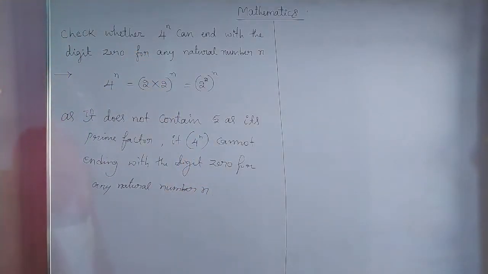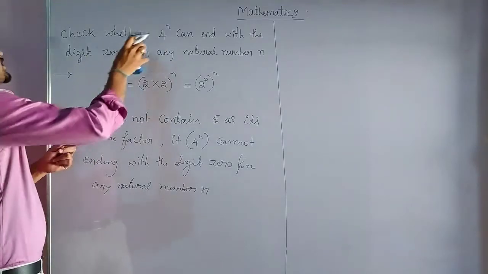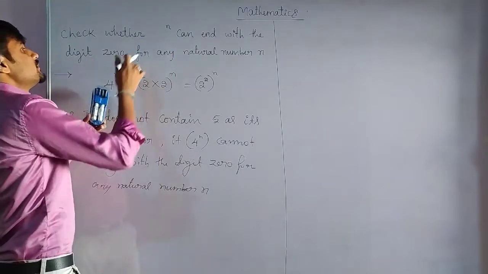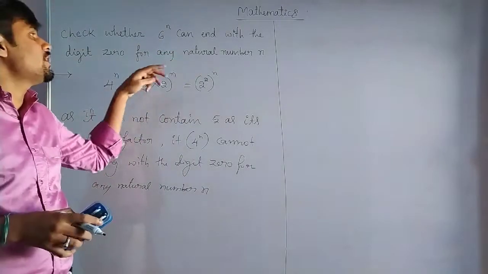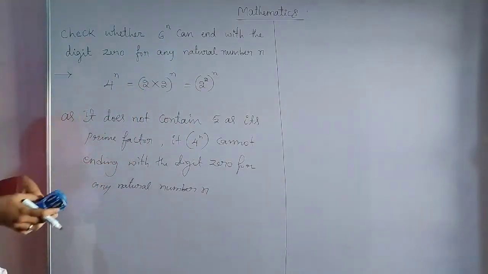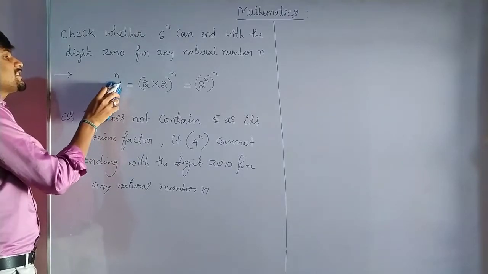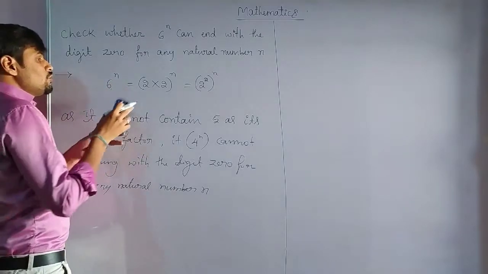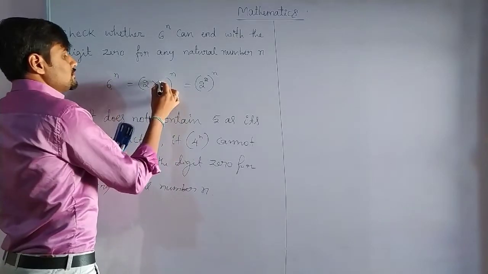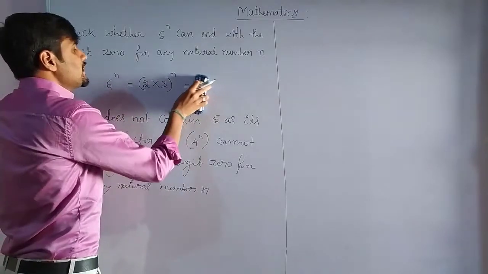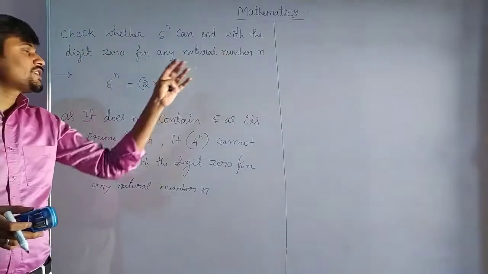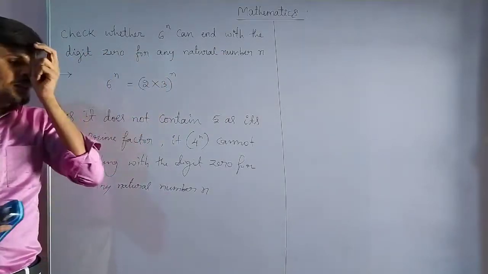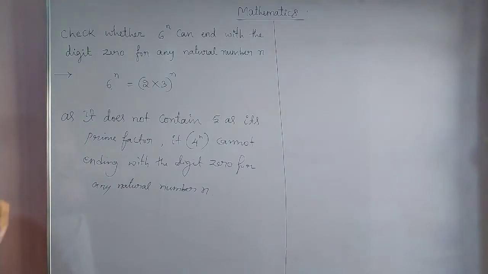Understood, students? Similarly, if the question is 6 power n, check whether 6 power n can end with the digit 0 for any natural number n. The prime factorization of 6 is 2 into 3. 6 power 1 is 6, 6 power 2 is 36, 6 power 3 is 216, and so on.